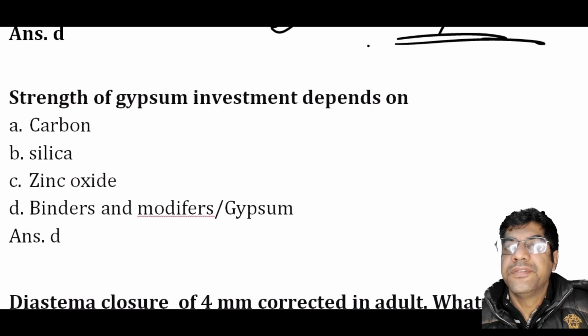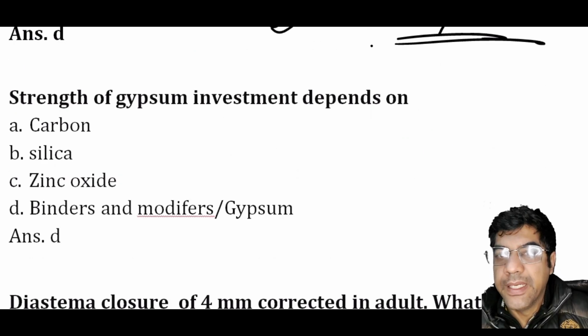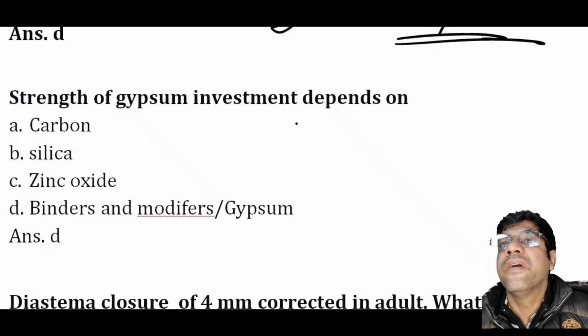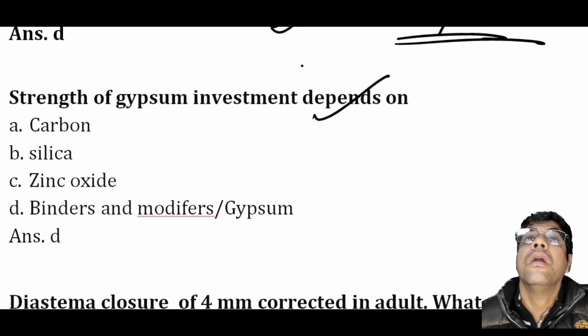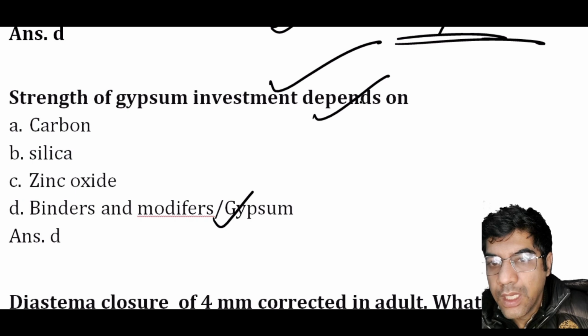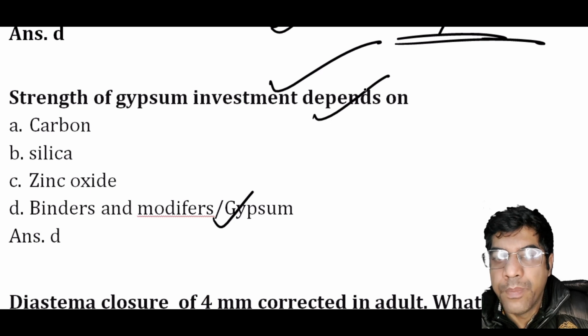Coming to the next question, the strength of the gypsum investment would depend upon the binders and modifiers. So what are binders? We know they are the essential component in the gypsum investment. The type of gypsum used as binder significantly influences the compressive strength of the investment.